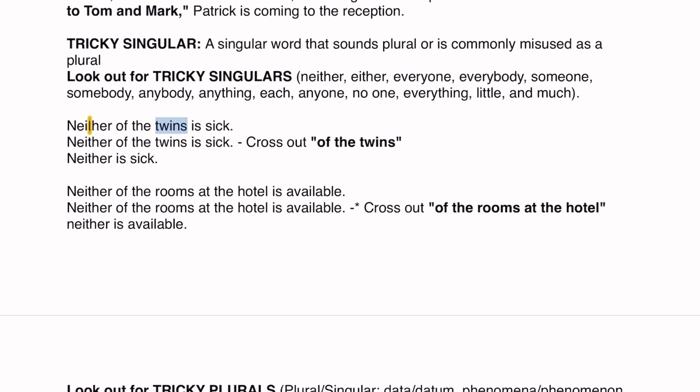وتعال أقول لك ليه. Neither of the twins دي لو عملنا لها مارك كده بقت a prepositional phrase.